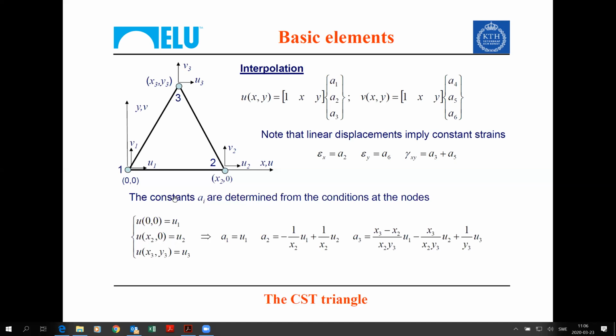U at node 2, so u of x2 and 0, should be equal to u2. U of x3 and y3, so here at node 3, should be equal to u3.